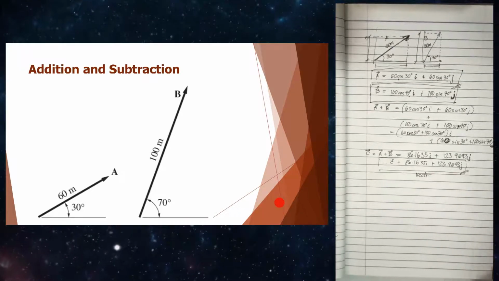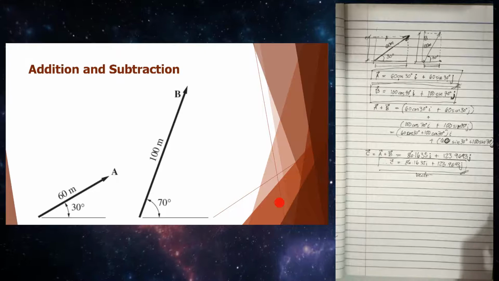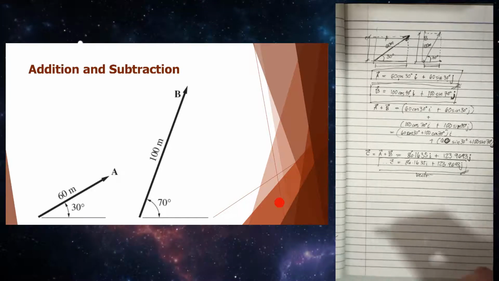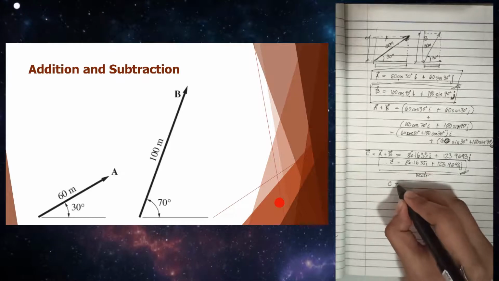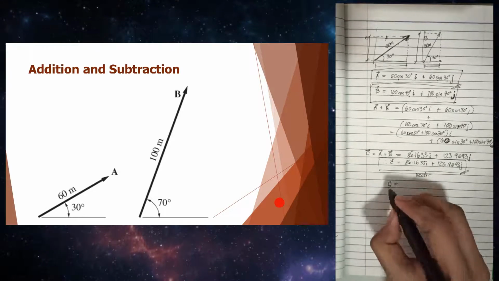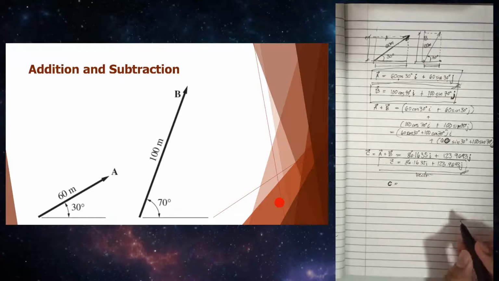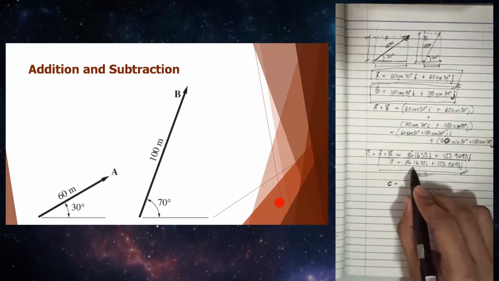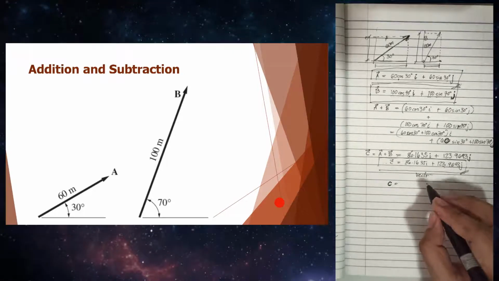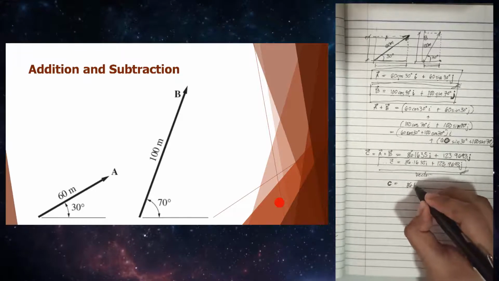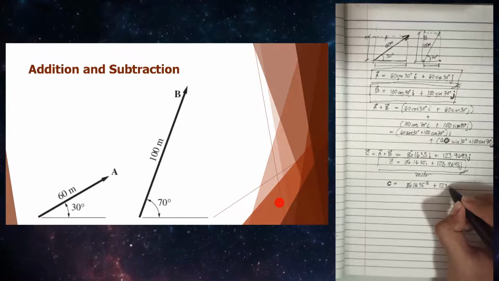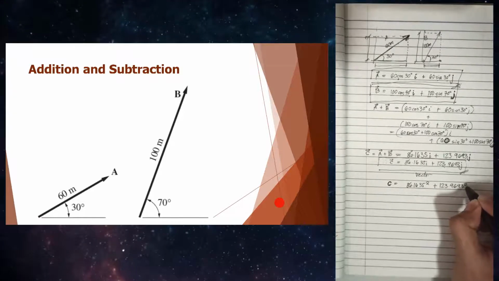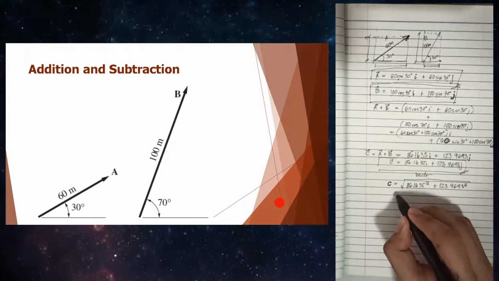Ngayon, yung nakuha nating sagot last video is yung magnitude nung C. For you to have the magnitude of C, mapapansin nyo wala na siyang arrow sa ibabaw, that is letter C, wala na siyang arrow sa ibabaw. Para makuha natin yon, i-pythagorean theorem lang natin. 86.1635 squared plus 123.9693 squared, so square root lang nun.